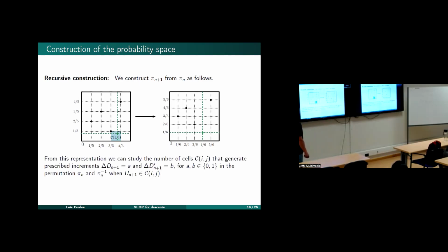Okay, so this representation lets us study what happens with the increments, the number of cells that give prescribed increments of the descents in the direct permutation and in the inverse permutation, where the increments could belong to {0, 1}. So all the results that I will show here are in some sense deterministic.